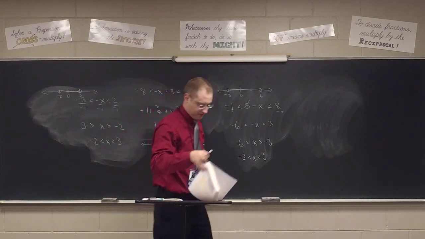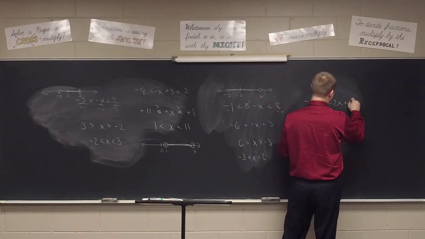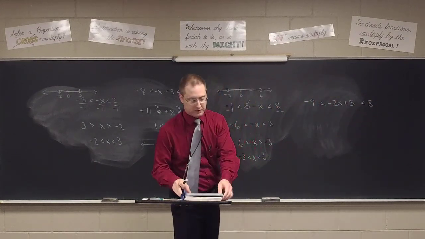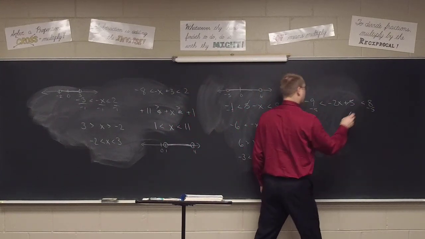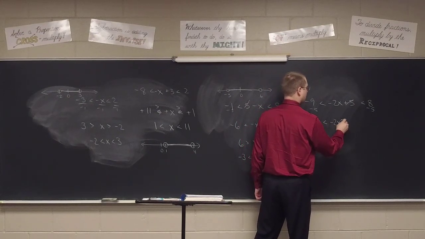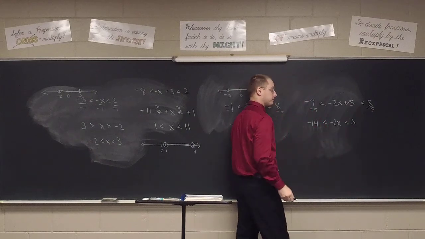Number 17. Negative 9 is less than negative 2x plus 5. They're not big on the or equal to's. Is less than 8. Brecken, 2 steps. Negative 14 is less than negative 2x is less than 3. Then?